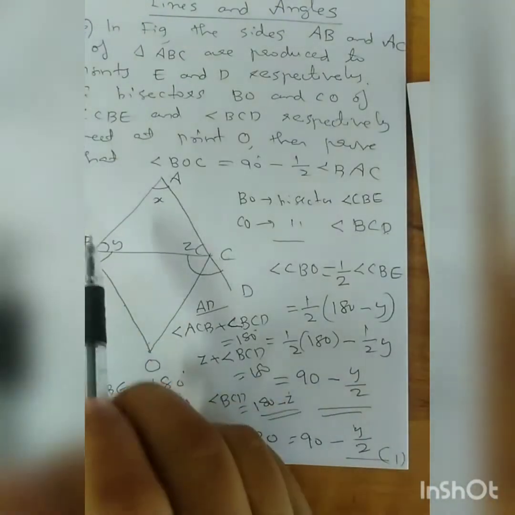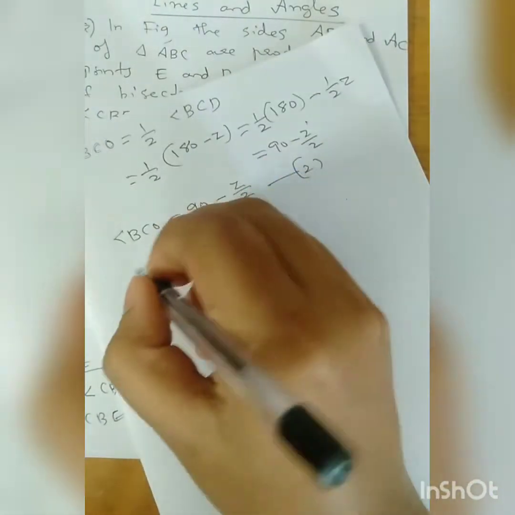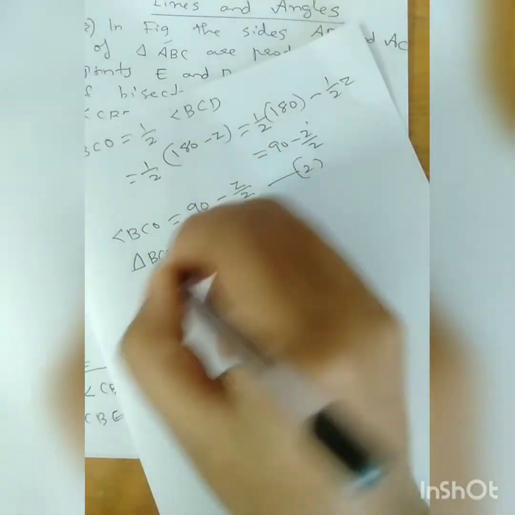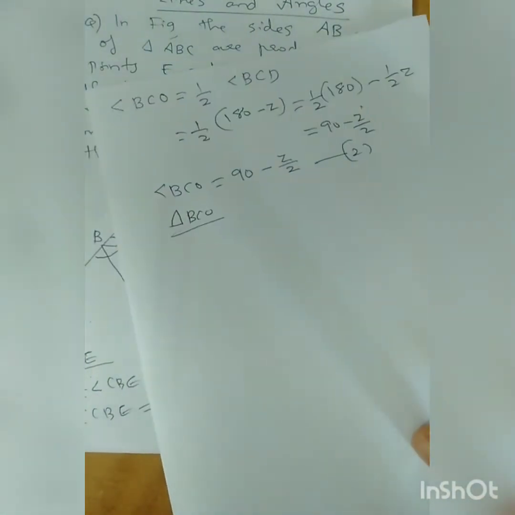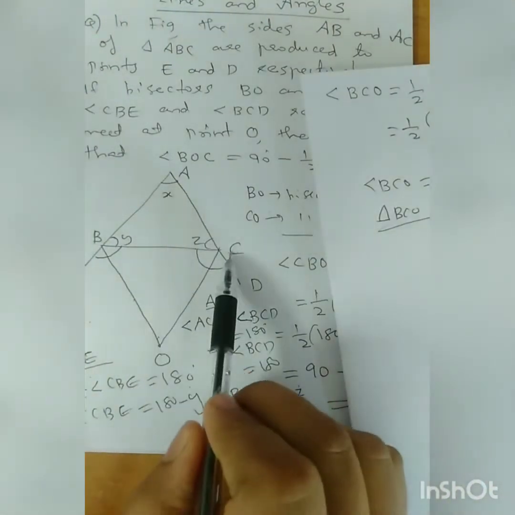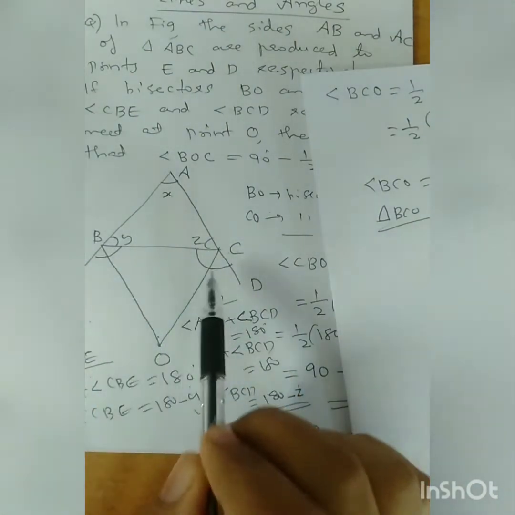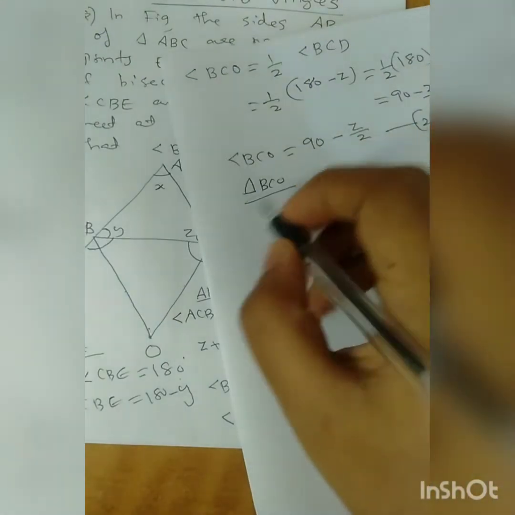Then consider triangle BCO. We know that the sum of all the angles of a triangle is 180 degree. Therefore, angle CBO plus angle BCO plus angle BOC is equal to 180 degree.